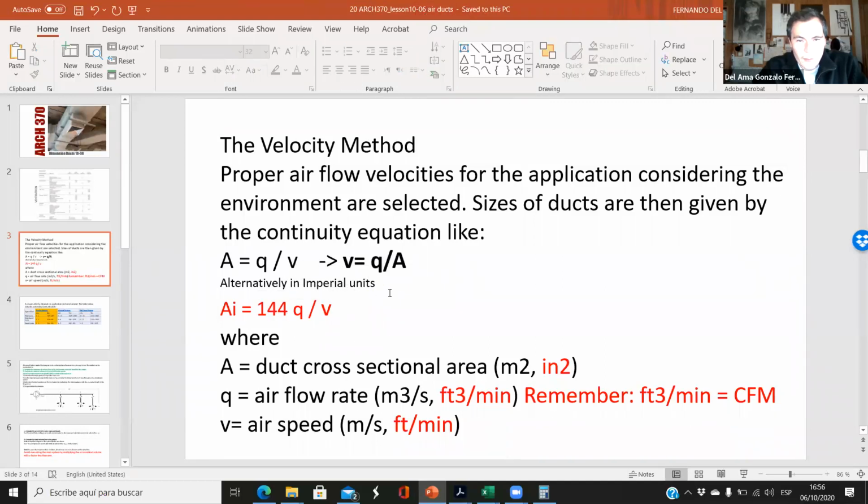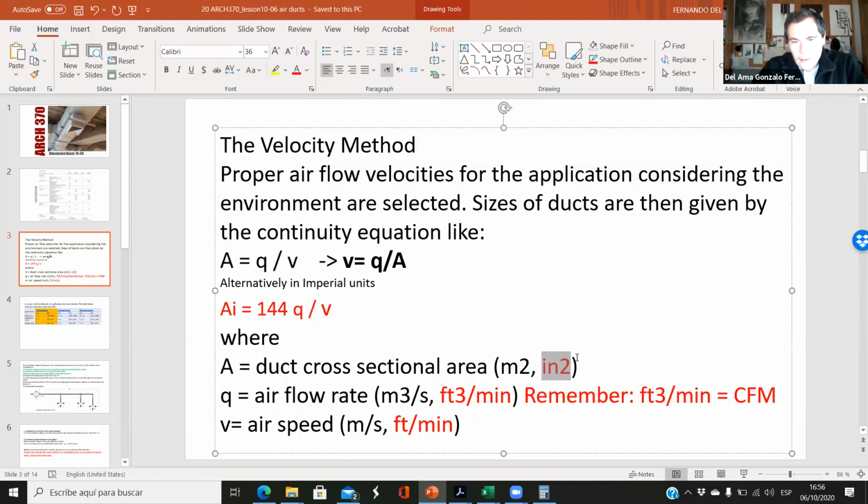Why? Because of the units. The air duct area is in square inches, but here we have cubic feet. The airflow is usually measured in cubic feet per minute, and the area is measured in square inches.